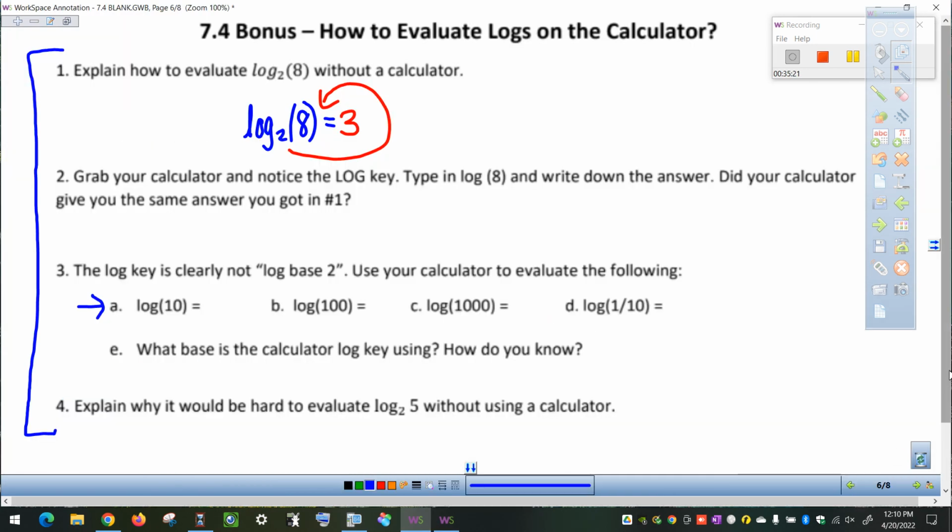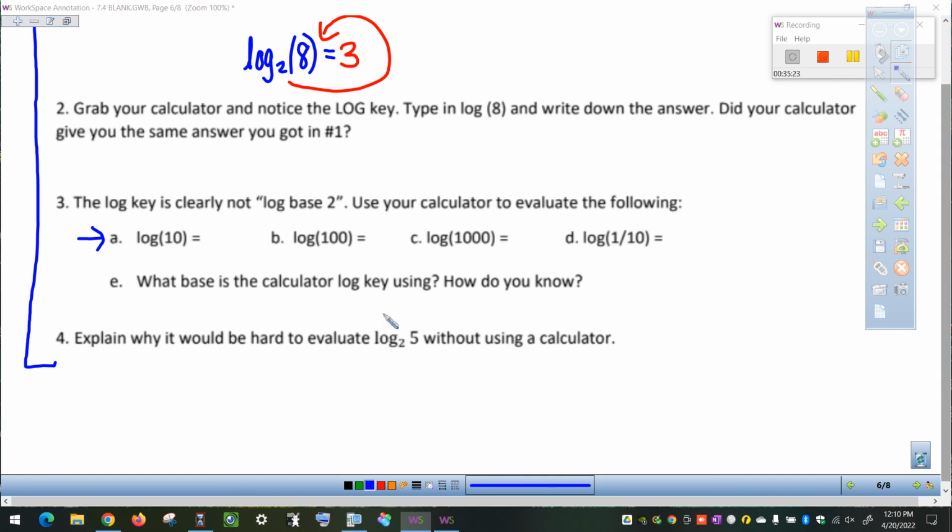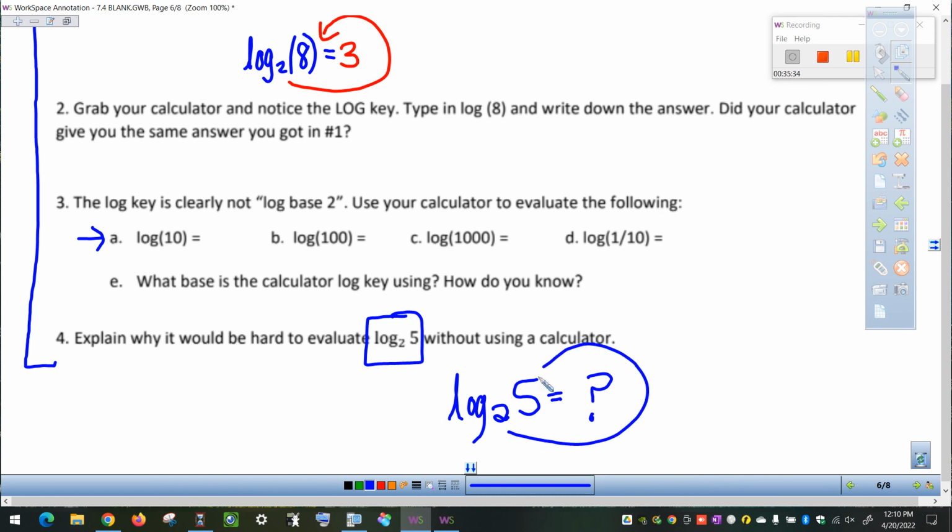All right, now something like log base 2 of 5. This would definitely be challenging to do without a calculator. Because we would have to figure out 2 raised up to some power is equal to 5. However, 5 is not in the family of the powers of 2, right?